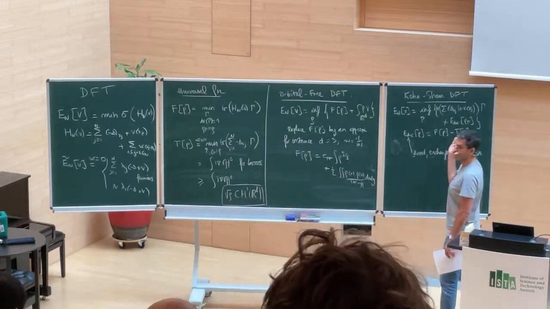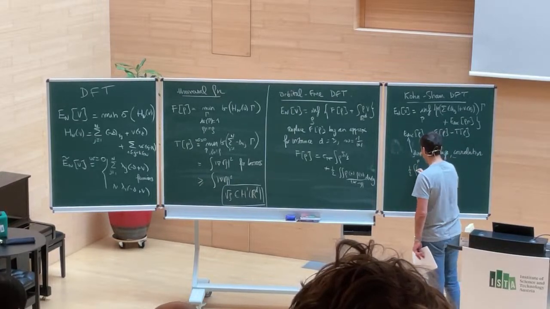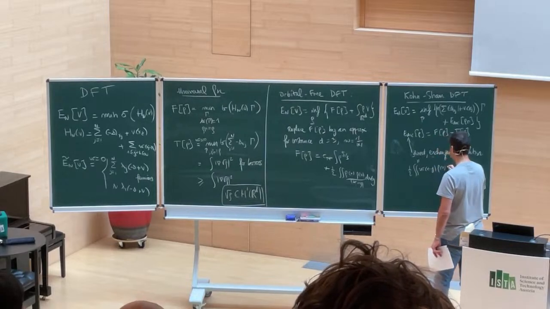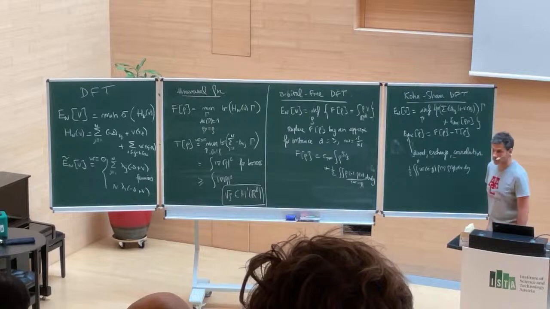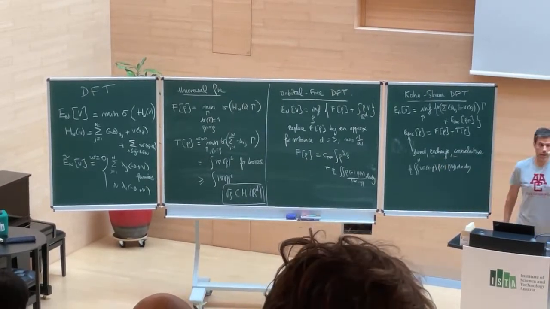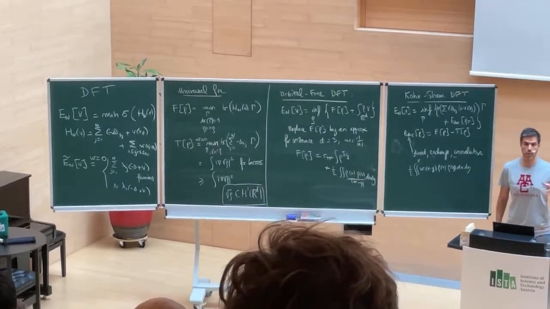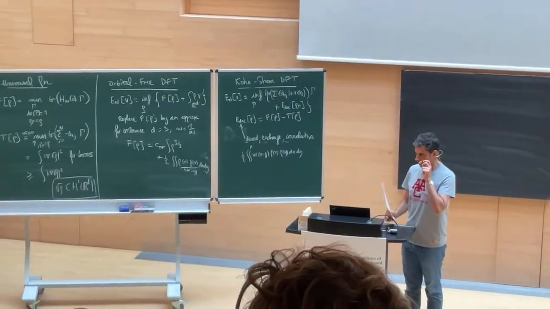Usually the direct term we write explicitly. I did not. The direct term is just 1/2 the double integral of rho(x) w(x minus y) rho(y) dx dy, which I can always put if I like and then subtract. That's the direct term. And then exchange is really the idea that an electron should not interact with itself. So that's one thing that you can take into account, and correlation is really describing correlations between particles.